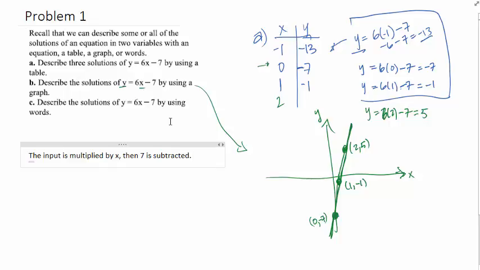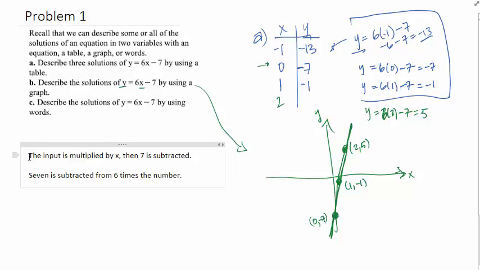So there are several ways to do it. This is one way to do it. Or if you want to do it in a holistic way, you can say 7 is subtracted from 6 times the number or the input, and that's going to give you your y value.